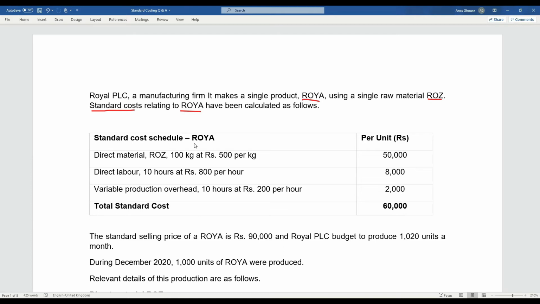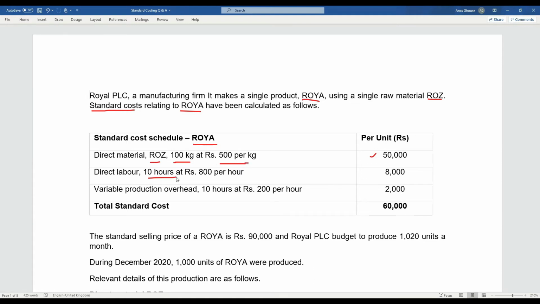Direct material rose: 100 kg at 500 per kg. So the direct cost per unit is 50,000, which is this product requires 100 kg at the rate of 500 per kg.